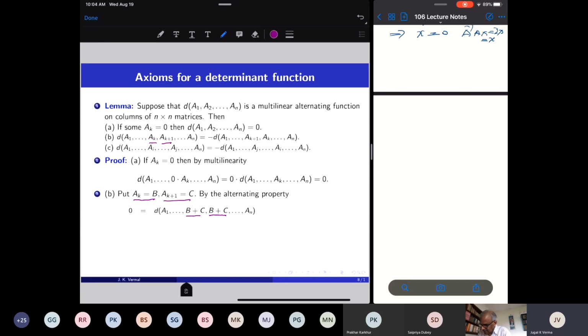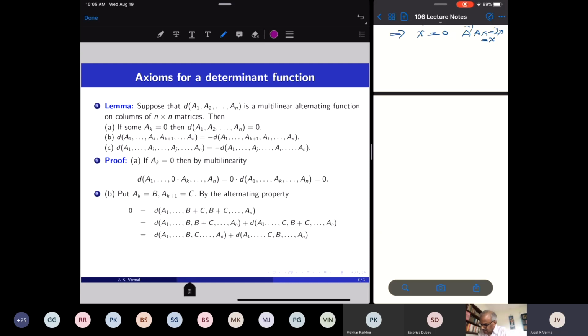But now I will use multilinearity in the kth argument and the (k+1)st argument. First split B plus C, keeping the other B plus C fixed, and use the multilinear property.